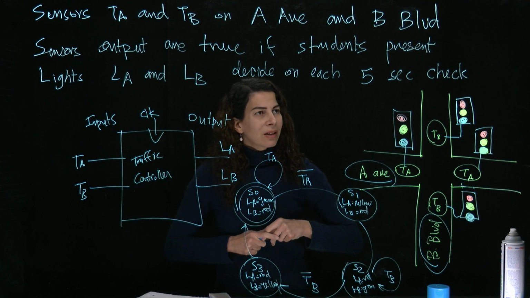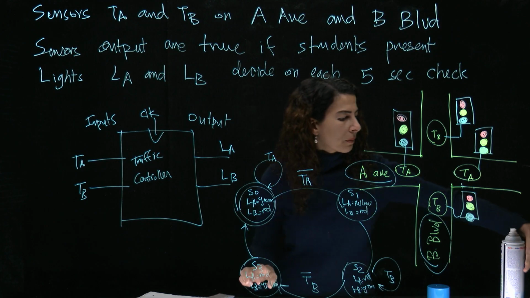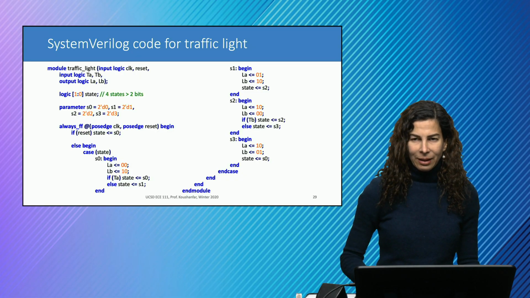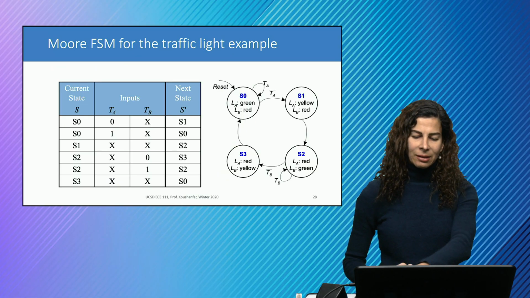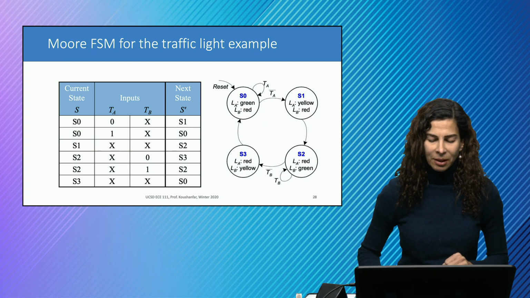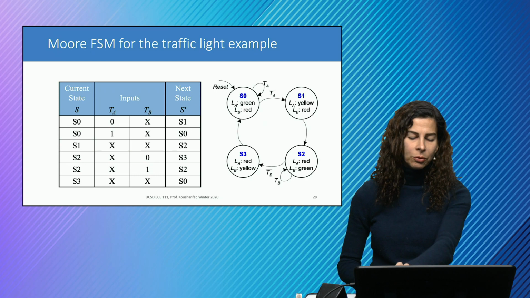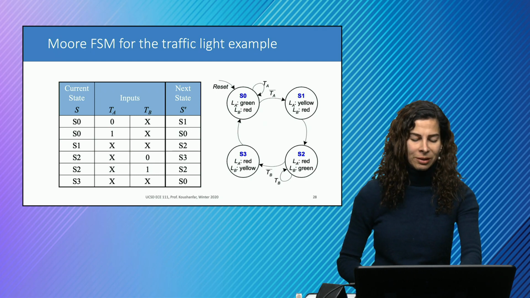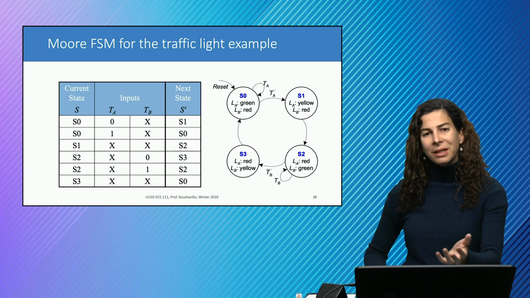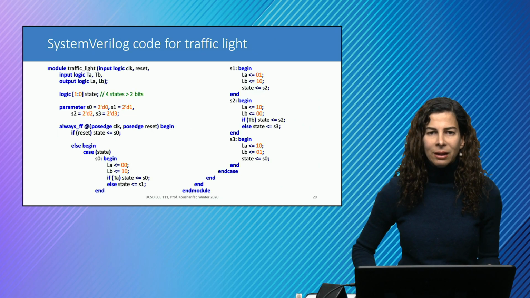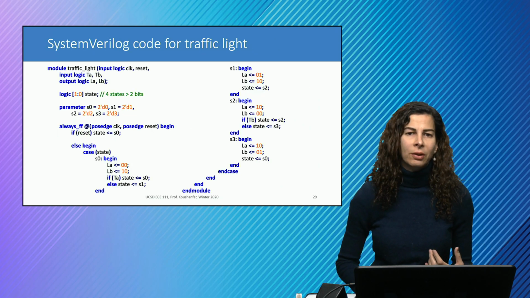So let's see how this looks in SystemVerilog. Again, we have this finite state machine, and we want to design a circuit. If you translate this finite state machine to a state transition graph, we can more easily write the code. And here is the code corresponding to this.